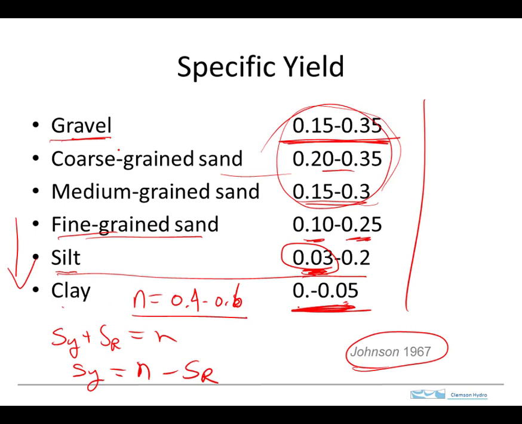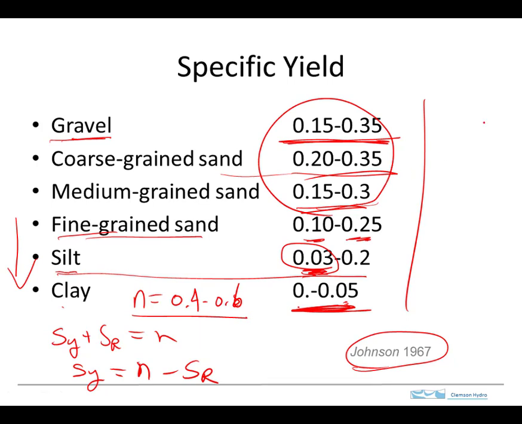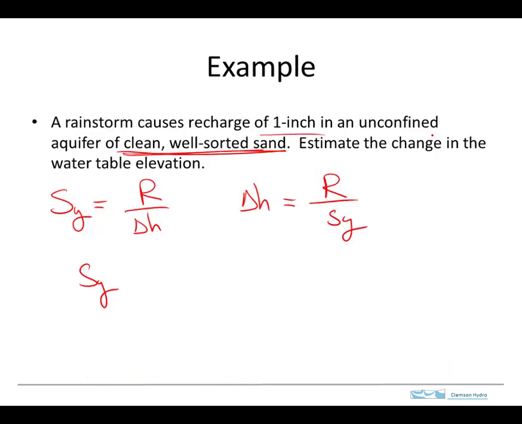This is the data, and you can see that all of these are somewhat ranges, right? You're not going to be able to say for sure what it is if you only know that it's a clean, well-sorted sand. But if we look at these values, we might say a reasonable representative value might be 0.2, kind of midway.